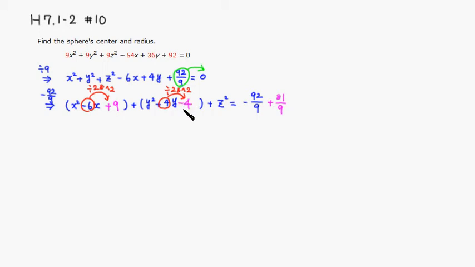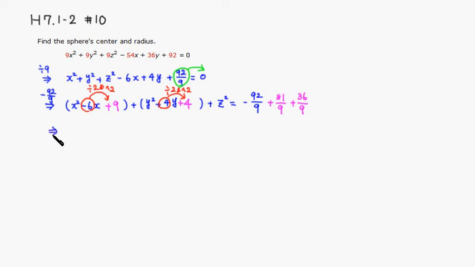So we add 4 to the left hand side, so we have to add 4 here. 4 times 9 is 36 over 9, which is the same thing as adding 4. Then we just need to clean up a little bit.